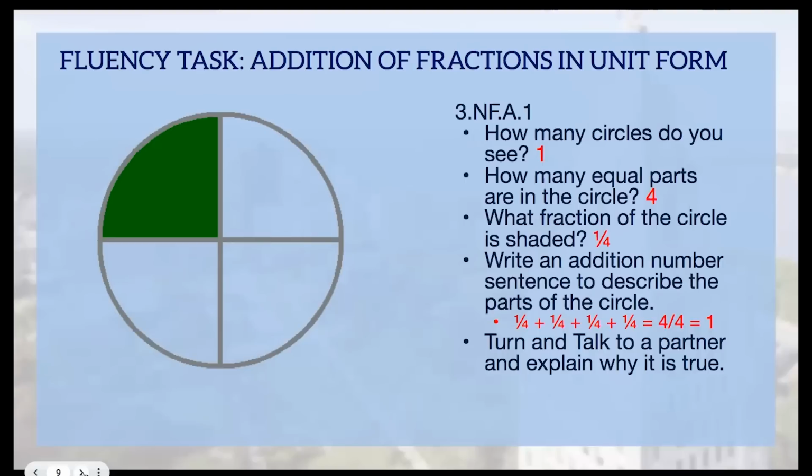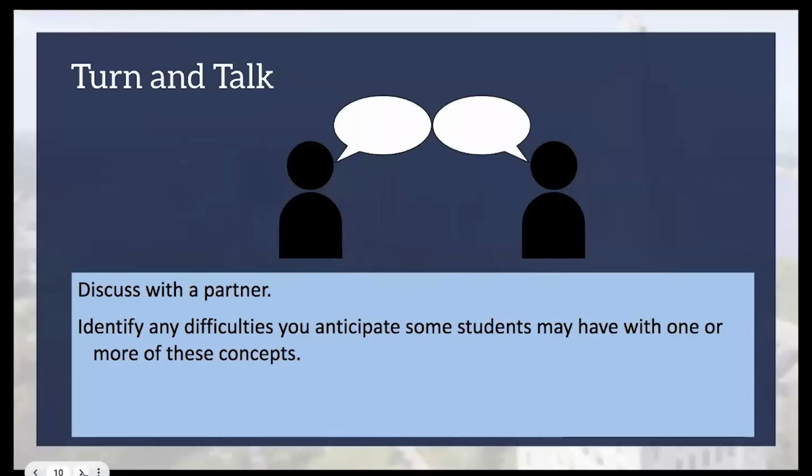So keeping this in mind, that these are those opening activities that you're starting out with in this 4th grade lesson in Module 5, we're a little bit over halfway into the year. I want you to think about, are there any students that you think might have any difficulties, possibly, with one or more of those concepts?